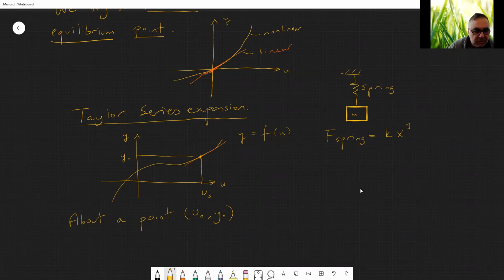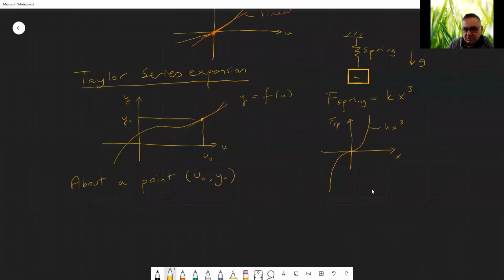What does this mean? It means that the spring of this system looks like this. This is X, this is F spring, which is Kx cubed. What is the equilibrium of this mass spring system? There is gravity, let's say.